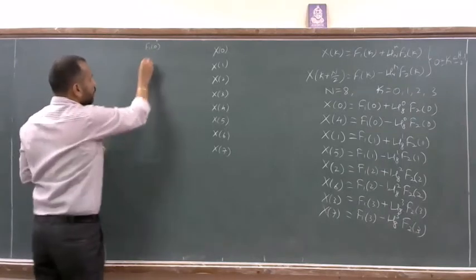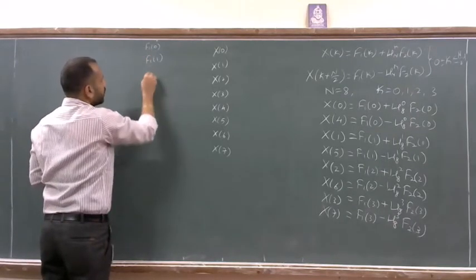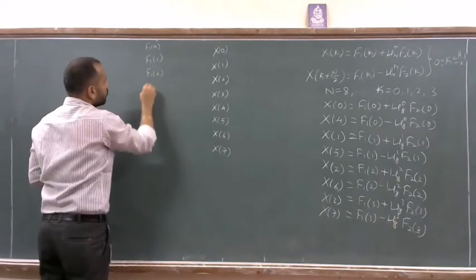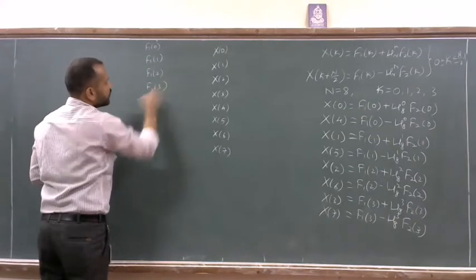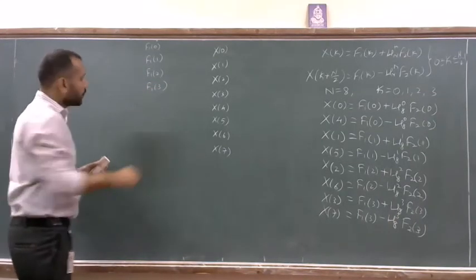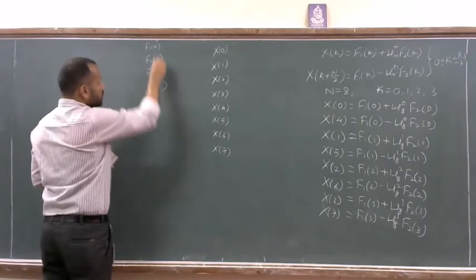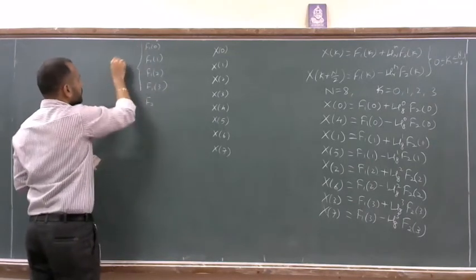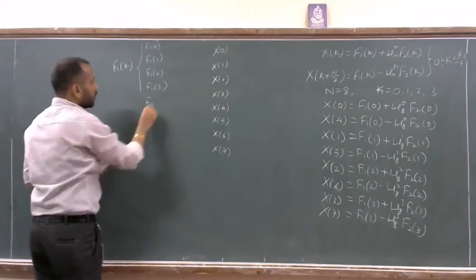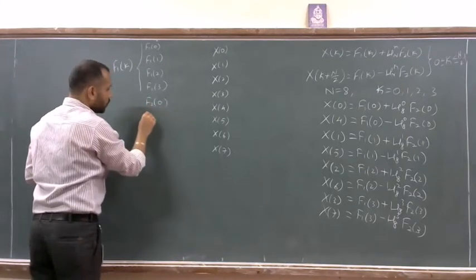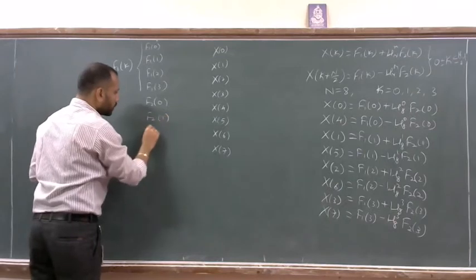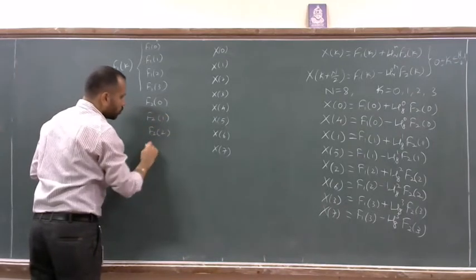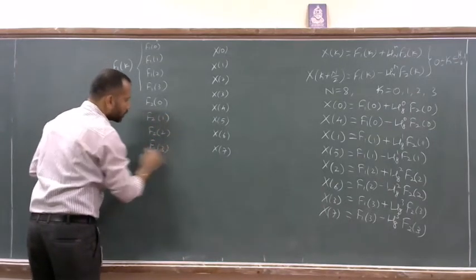f1 of 0, f1 of 1, f1 of 2 and f1 of 3. This is one 4-point DFT, f1 of k. Next, f2 of 0, f2 of 1, f2 of 2 and f2 of 3.